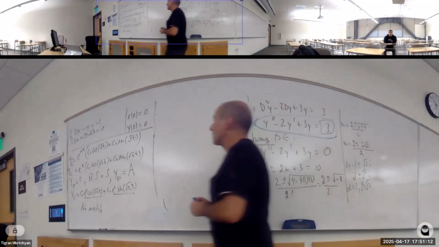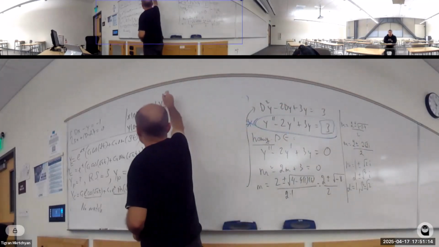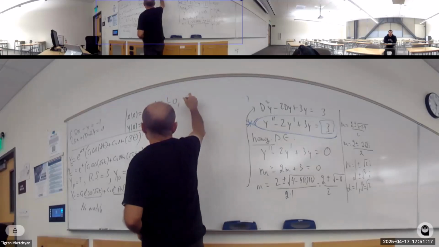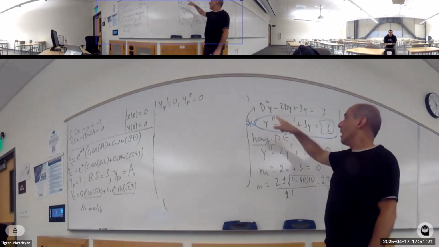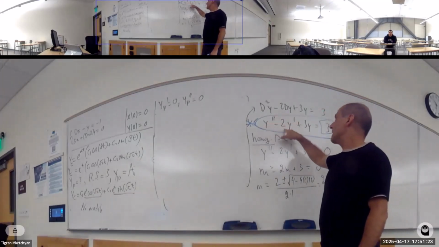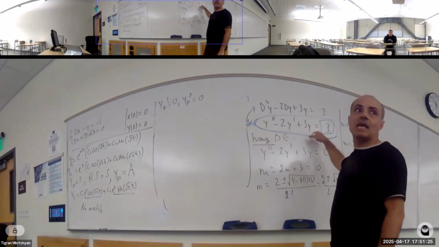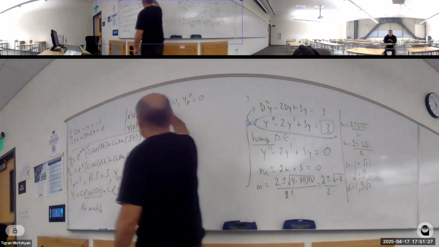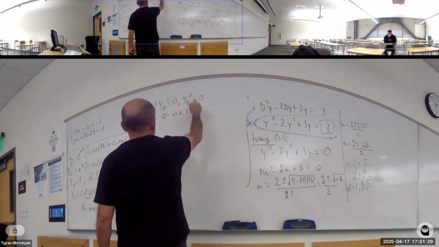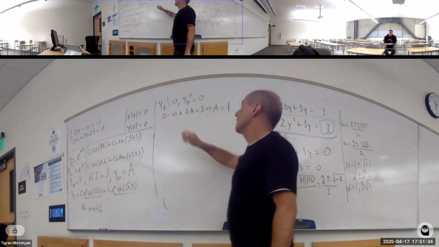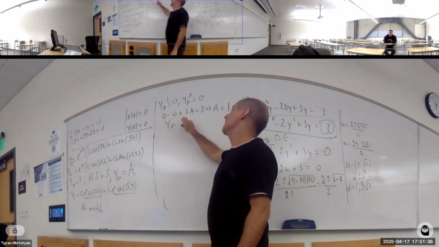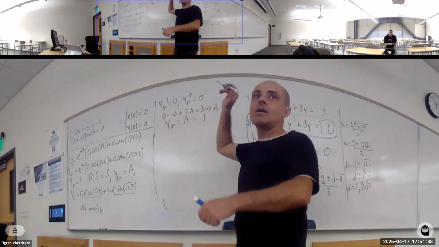The derivatives will be 0, right? So we plug in here: 0 minus 0 plus 3 times A. And that will give us what A is.